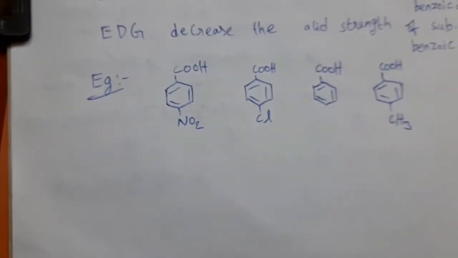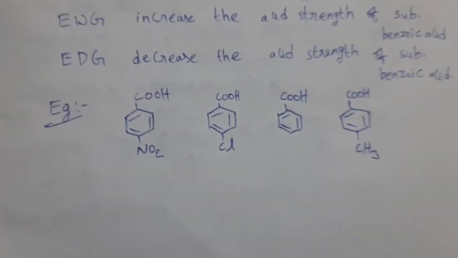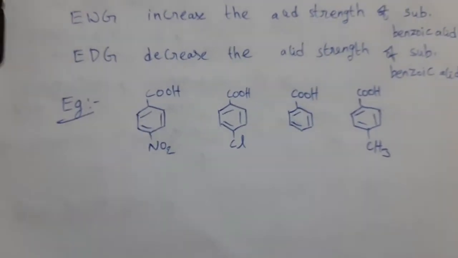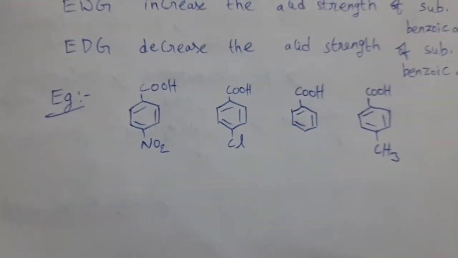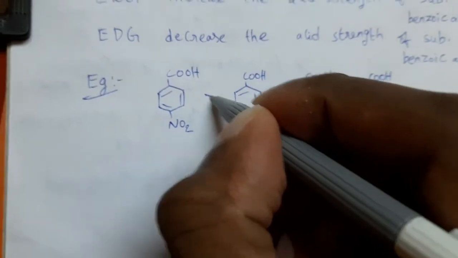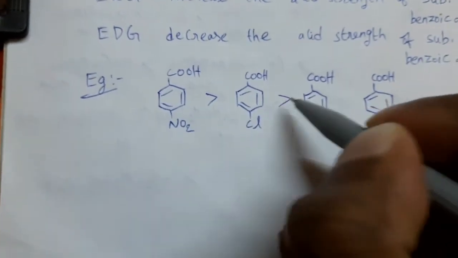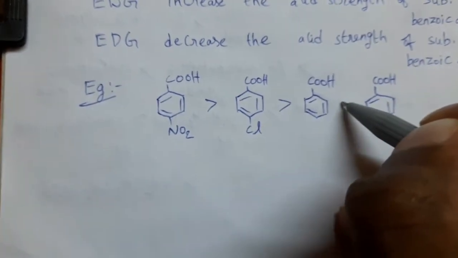For these compounds, acid strength order, if we see that NO2 is an electron withdrawing group, its electron withdrawing nature is more than Cl, so it has more acidic strength than this one, which is more than benzoic acid.